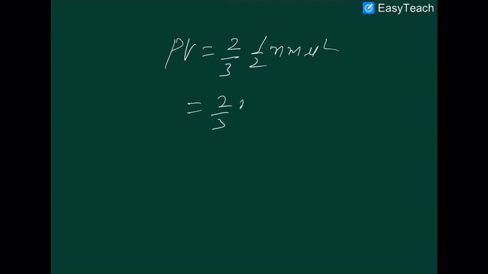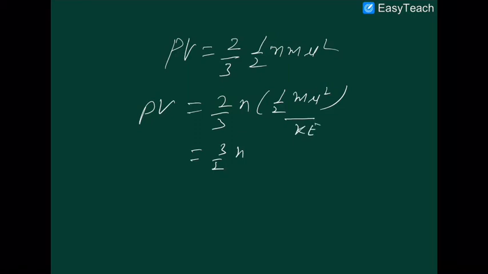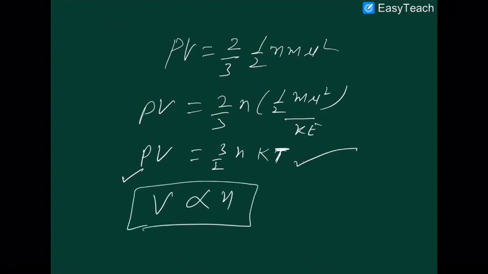Take n common. So that u square term is the kinetic energy which depends upon temperature. So 2 by 3 kT will be constant here. So if temperature and pressure remain constant, volume is proportional to the number of moles. So that is Avogadro's rule.